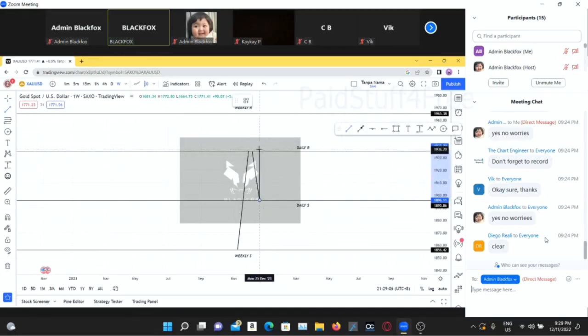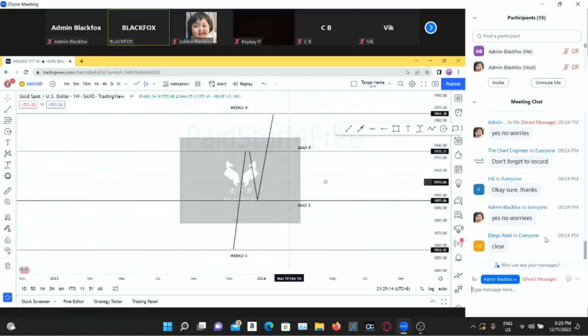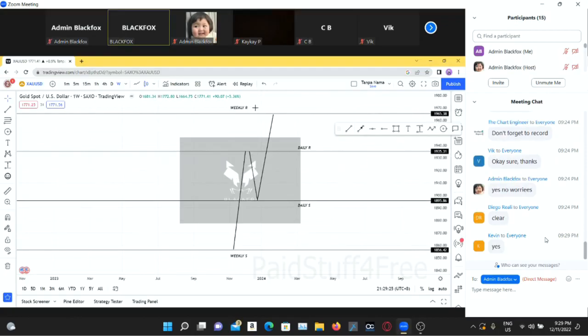And if the price does not respect this daily resistance, the price will come to weekly resistance. Do you guys understand this? I hope you are clear about this.